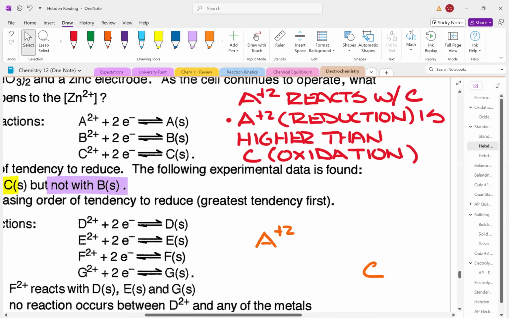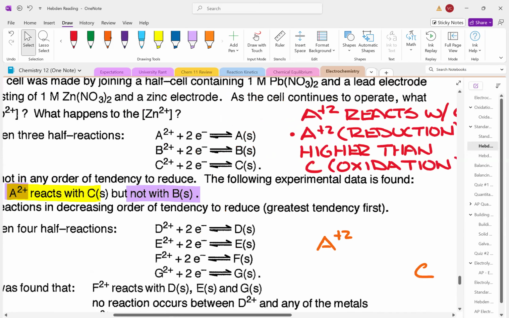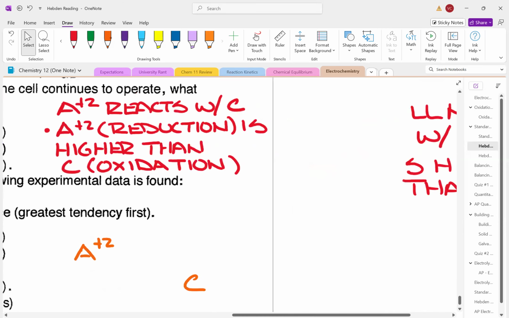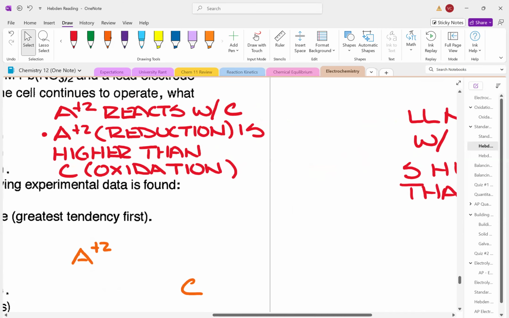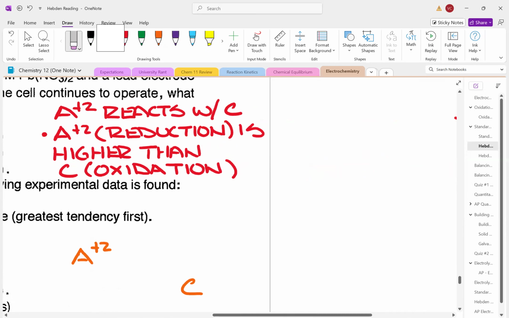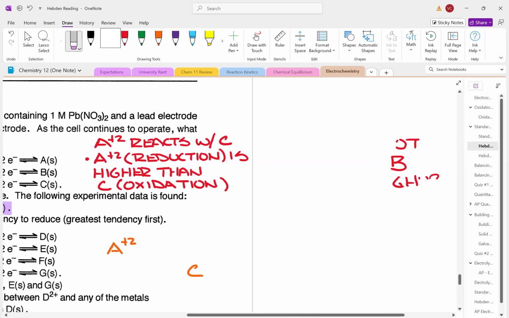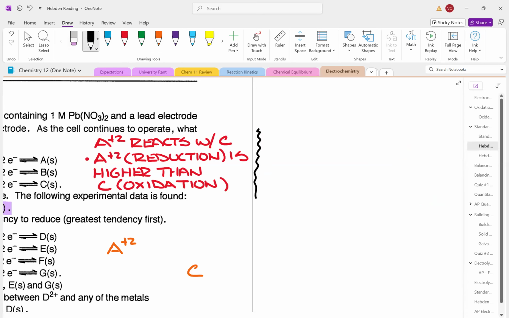Now, the second one says A2+ does not react with B. Let me just erase this here. If I were to do this, I'm going to say here, A2+ will not react with B. Now, what does that mean?